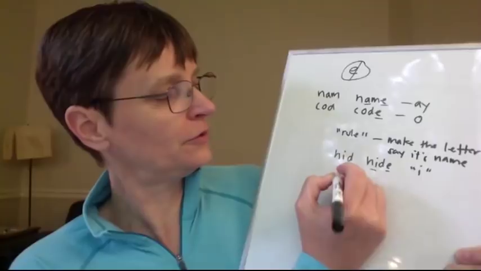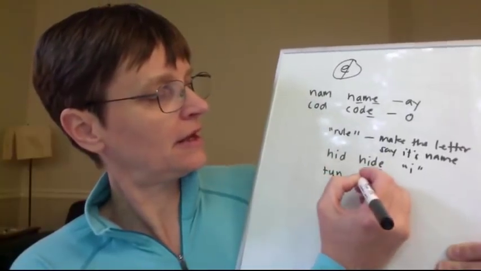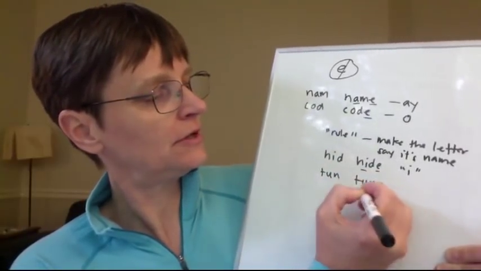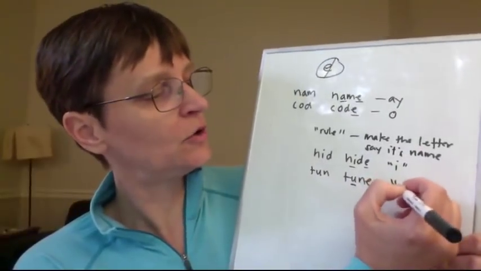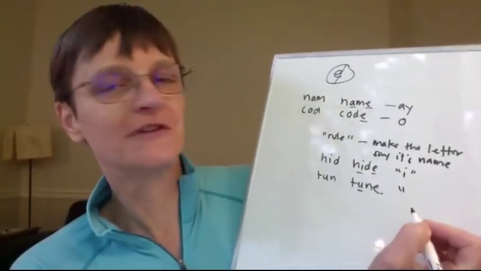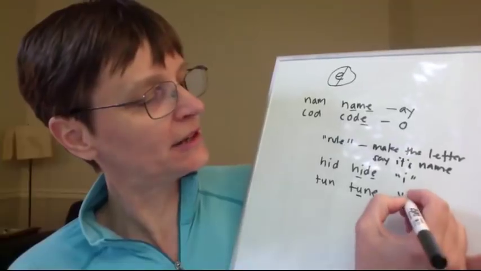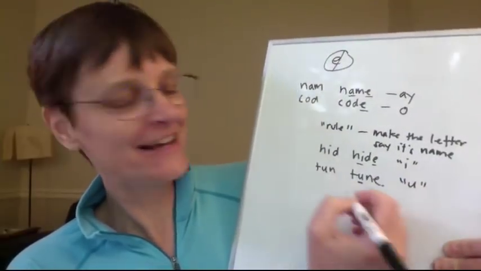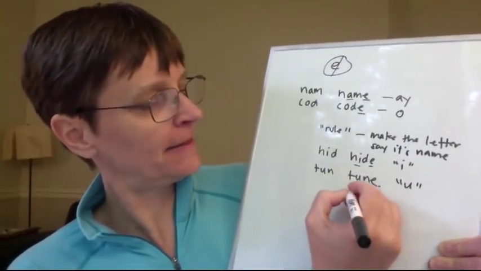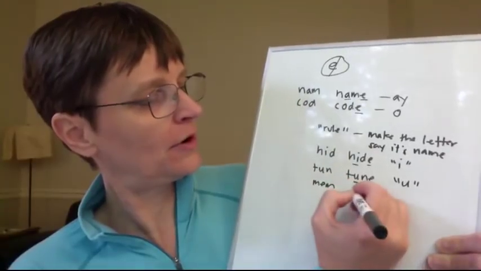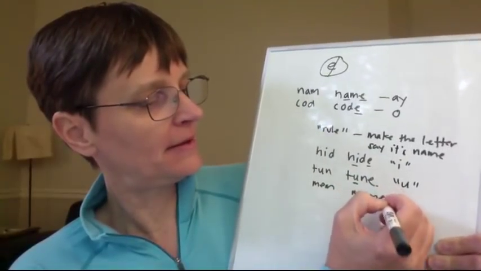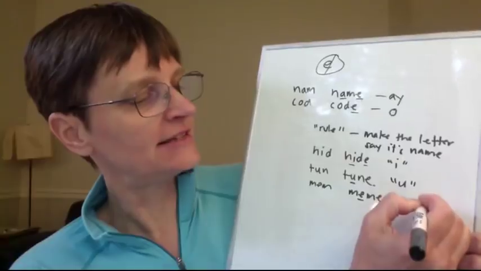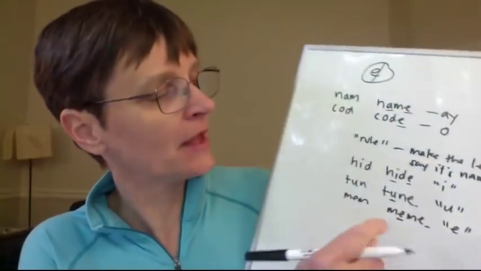Or for U, "tun" and "tune." The E makes the U say "ooh," tune. That one doesn't really say "you," but close enough. And lastly, E, "mem" or "meme." So there the E says the E sound.